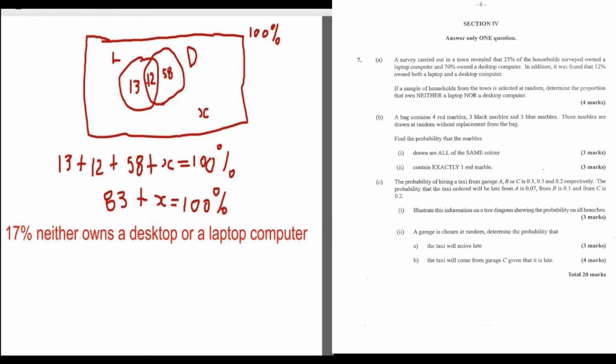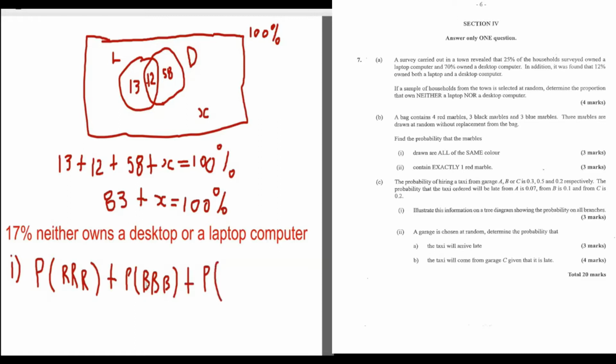Now, in order to draw the same color, there are three ways this can happen. So the probability of you drawing the same color means we're finding the probability that you draw red, then red, then red, plus the probability that you draw black, then black, then black, plus the probability that you draw blue, then blue, then blue.